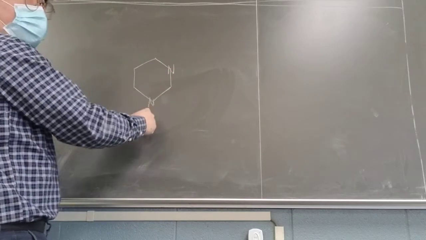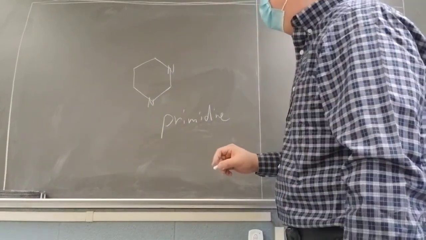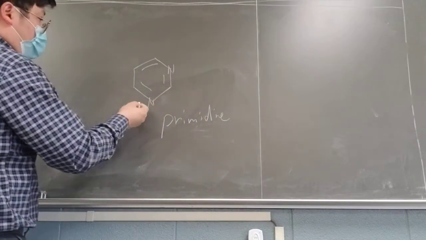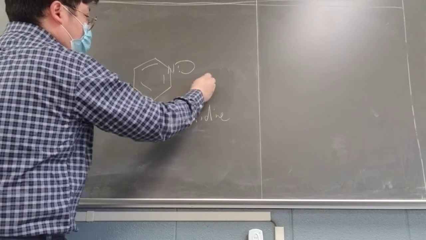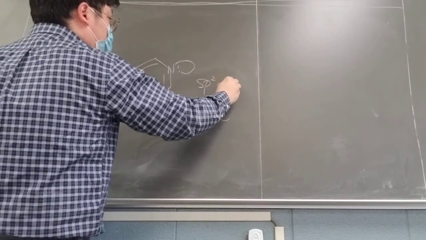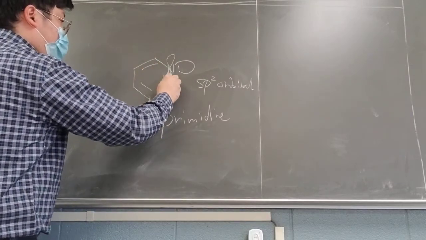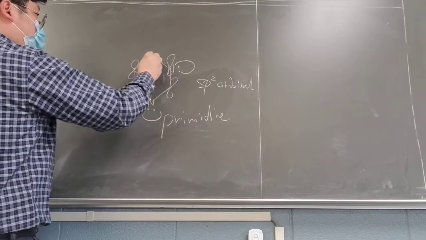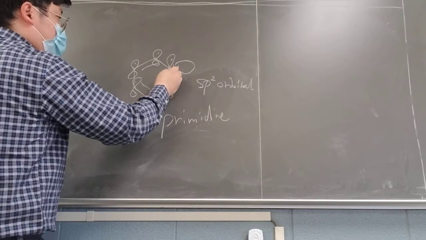has 2 N, not just 1. So we call this pyrimidine. It has this one. The only difference here is they have 2 sp2 orbitals. So we still count this one as 1 for these 2 nitrogens as well, and the other carbons as well. So it'll be 1, 2, 3, 4, 5, 6 over there.